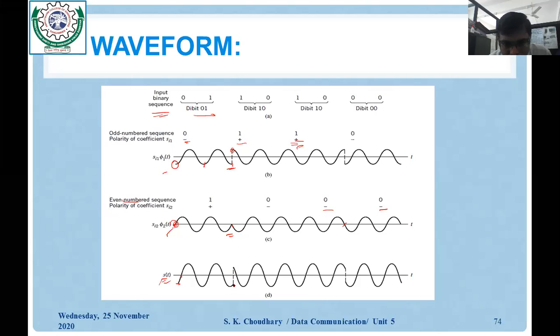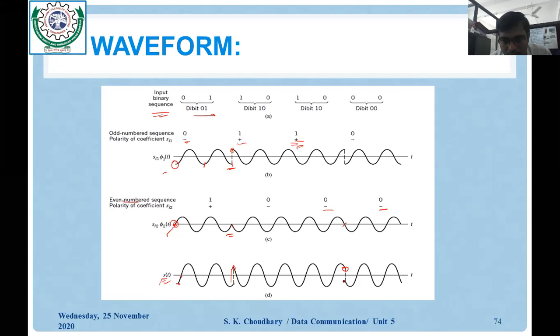So it would be 315, and if you refer, it shifts to 135. In this way there is a transition of the phase. This is the shift of this phase.